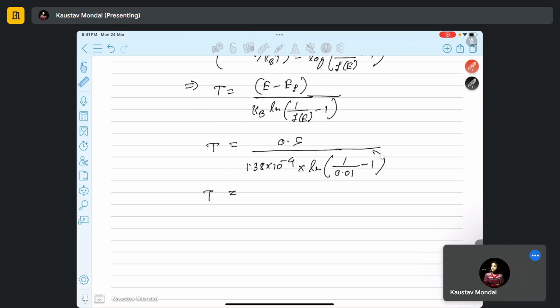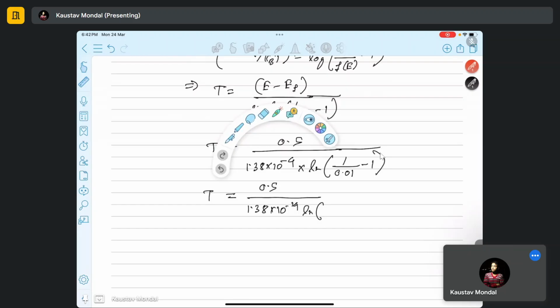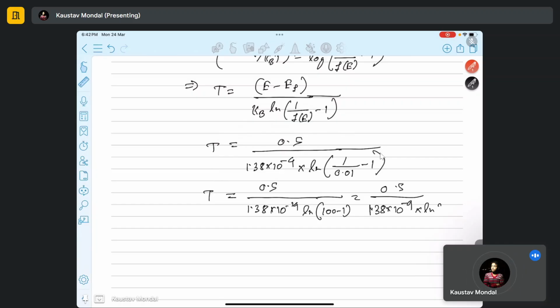So E minus EF is 0.5, so 0.5 over 1.38 into 10 to the power minus 4 into log of 100 minus 1, which is log of 99. The value of log of 99 is 4.595.